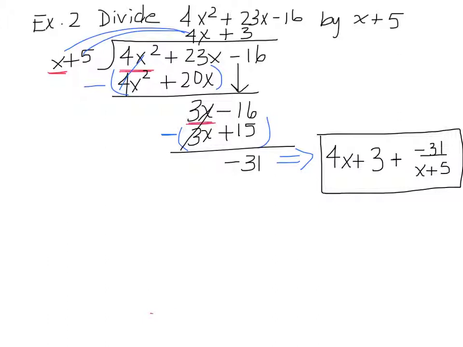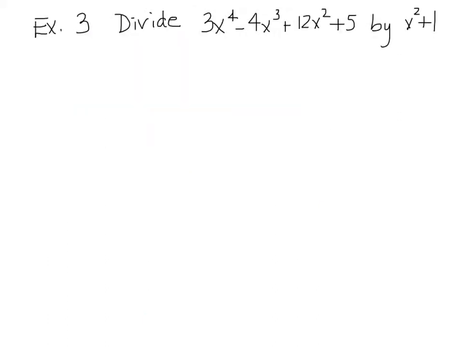Okay? So far, the last two examples, we've had all of our terms in descending order. But if you notice on this example, we're missing an x term. So there's a 0x. And here we're missing an x term. So anytime that happens, you're going to put a 0 as your placeholder.